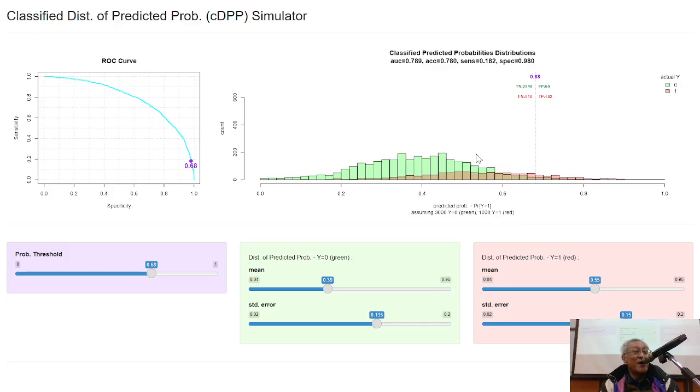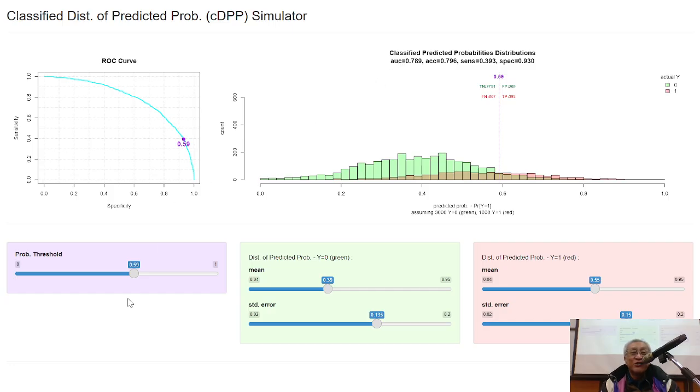And for every model, the model outcome, if you change the threshold from 0 to 1, you can actually draw a curve in the space of sensitivity and specificity. The area under this curve is called AUC, area under curve.